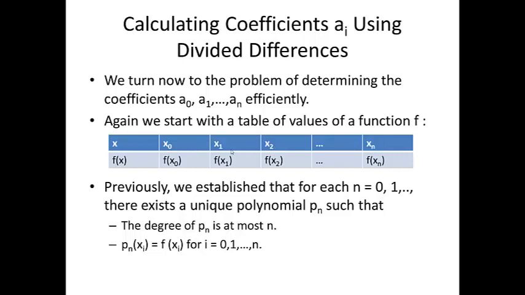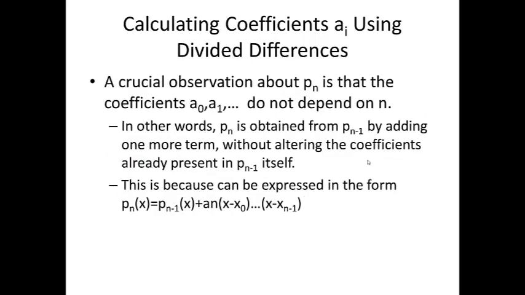Previously we established that for each n equals 0, 1, etc., there exists a unique polynomial P_n such that the degree of P_n is at most n, and P_n of x_i is equal to f of x_i for i equals 0 through n. A crucial observation about P_n is that the coefficients a_0, a_1, etc. do not depend on n.